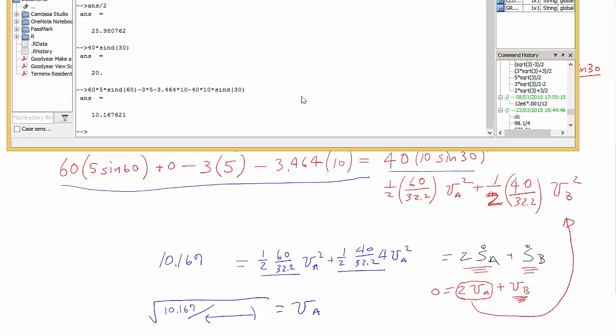What is the stuff first? Here, I'll do this on this one. Keep that as a variable. I'll say B is equal to 0.5 times 60 divided by 32.2 plus 0.5 times 40 times 4 divided by 32.2.